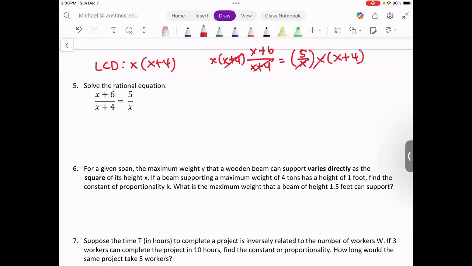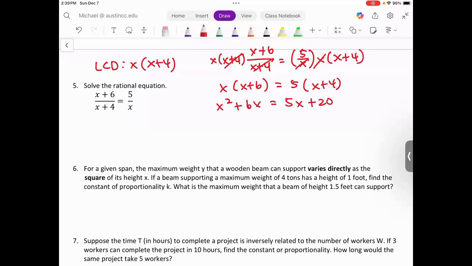And so we're left with x times x plus 6 equals 5 times x plus 4. Okay. Let's distribute. We're going to get x squared plus 6x equals 5x plus 20.